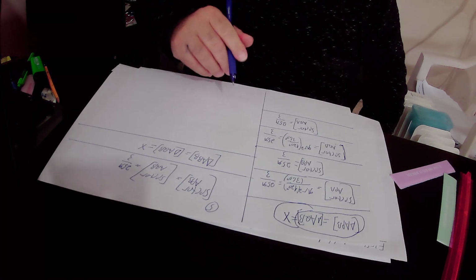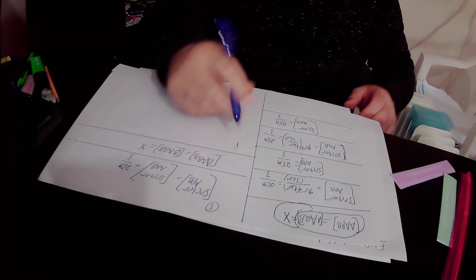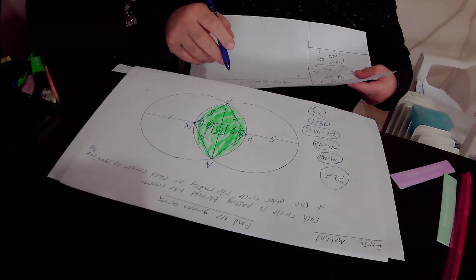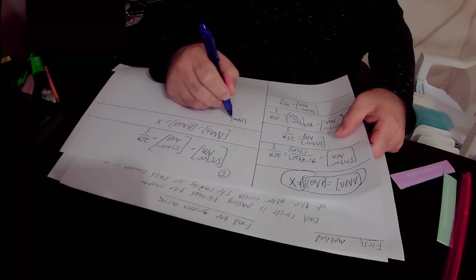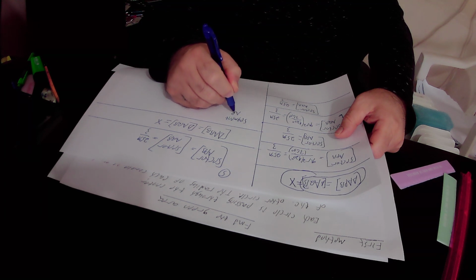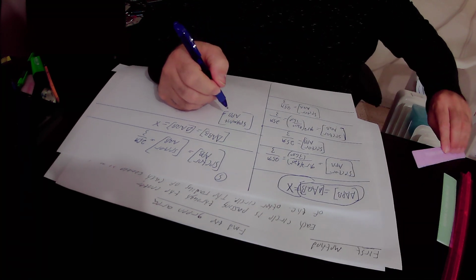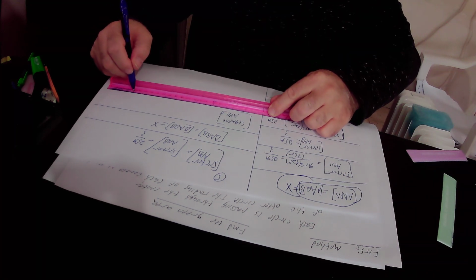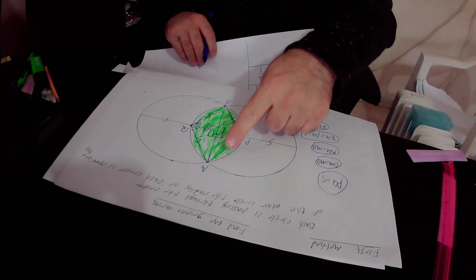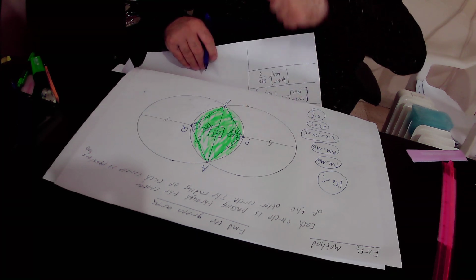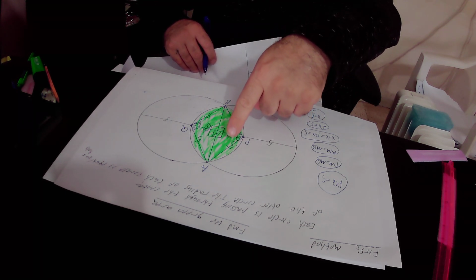And what is the area of segment APB? The area of segment APB, actually it is the shape that looks like a semicircle, but it is not a semicircle.